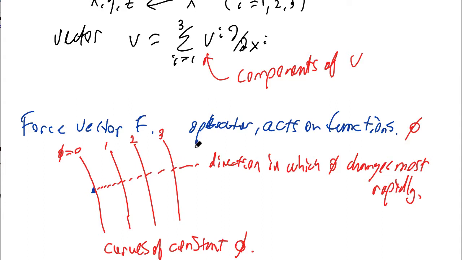All right, if we do that and then let our vector f act on this phi, what we get is what we would call the force in this direction of most rapid change, or sometimes we would refer to that as the component of the force in this direction.